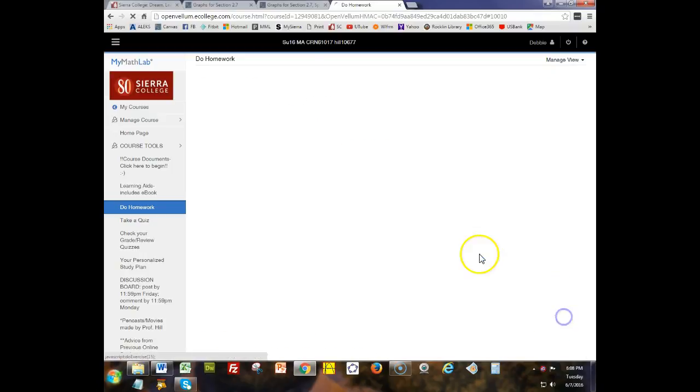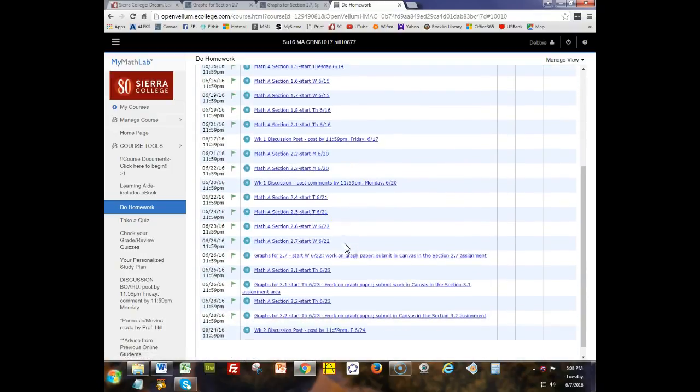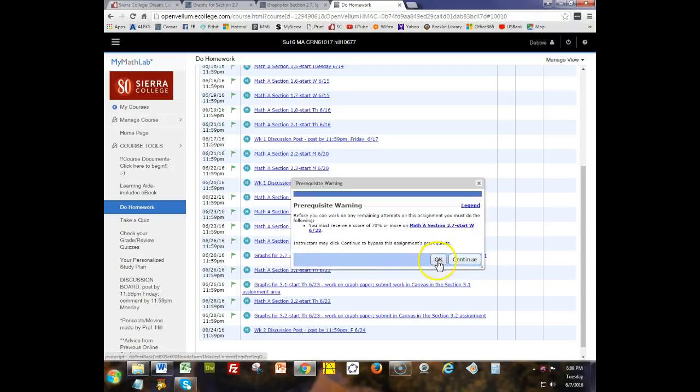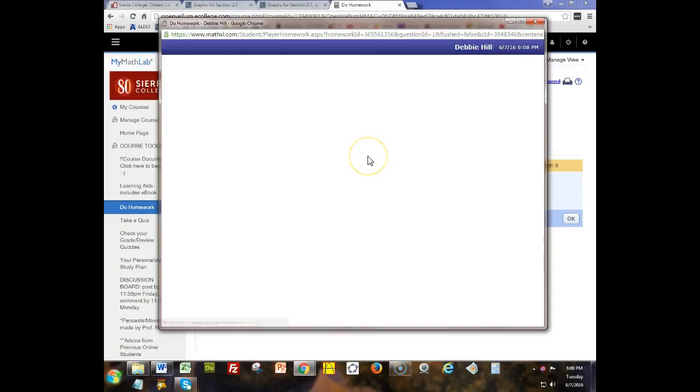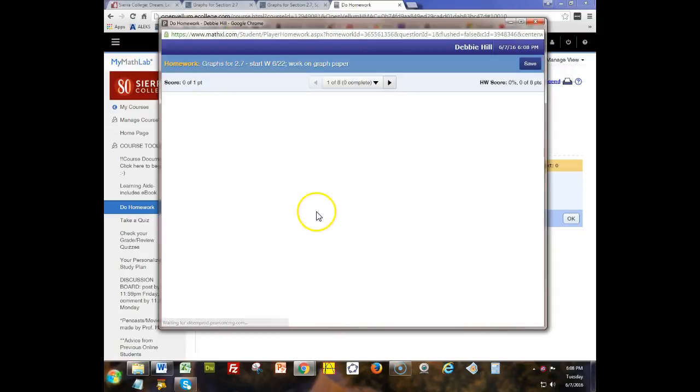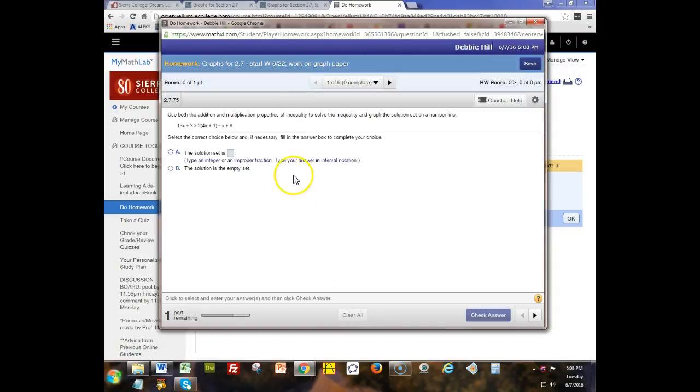Whoops. I need the one that says 2.7 graphs. So graphs for 2.7. And here's question 1. And you can see that this is a regular looking my math lab question, but it says up here work on graph paper. So I want you to solve this problem and I want to see your work, but you can check your answer here.